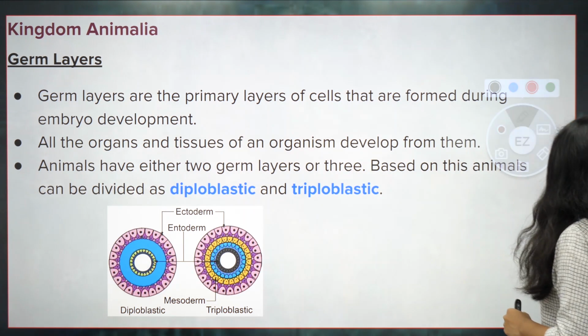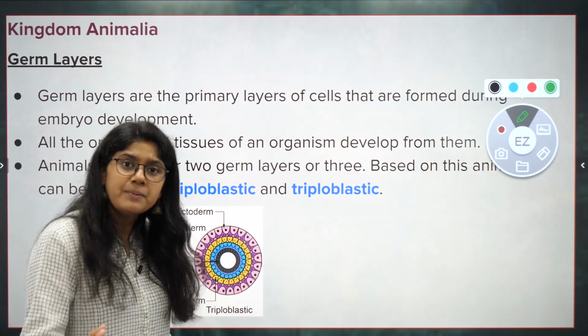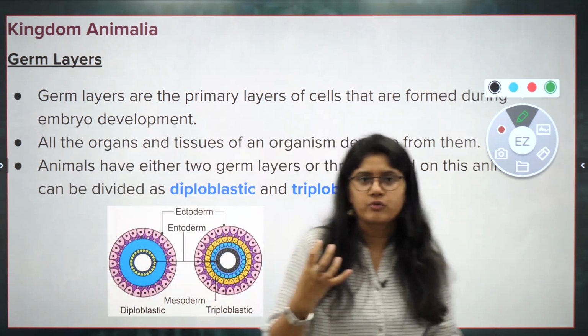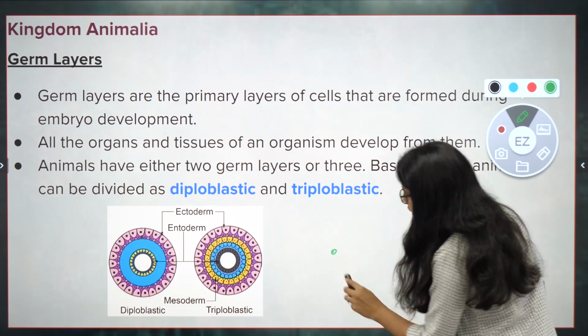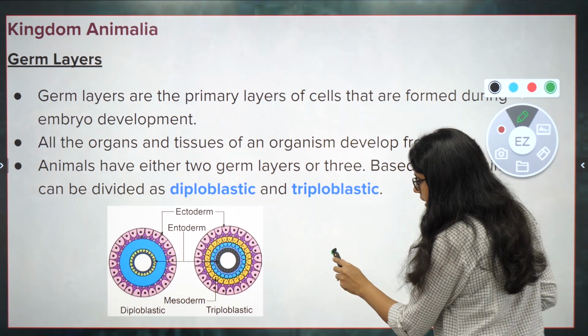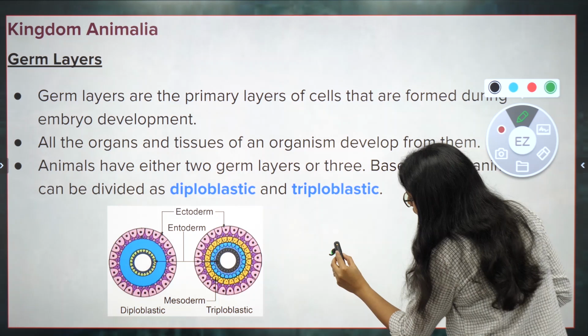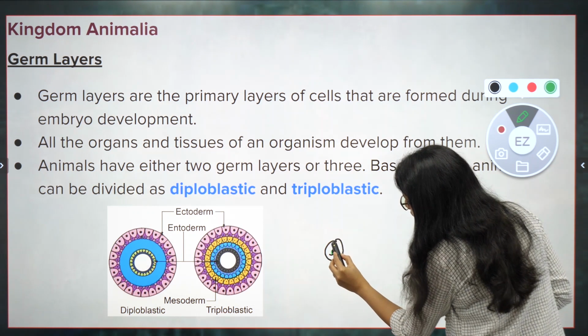Let's start with this. Now what is a germ layer, everyone? Germ layer is basically when we are a very small egg, when we start dividing, what happens? Slowly there will be formation of layers around us.